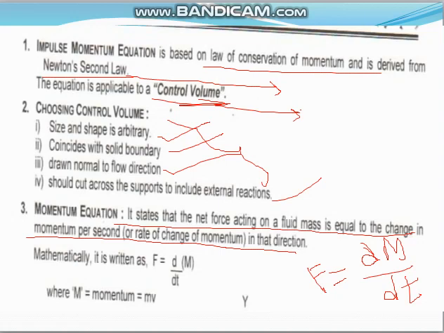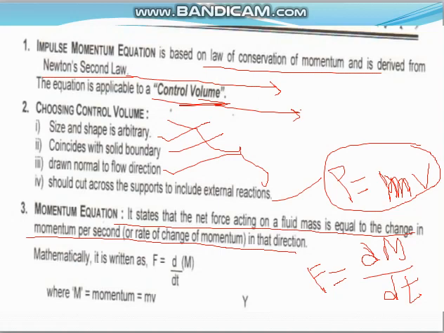Here momentum is defined as the term mv, that is nothing but mass into velocity. The product of mass into velocity is the momentum.